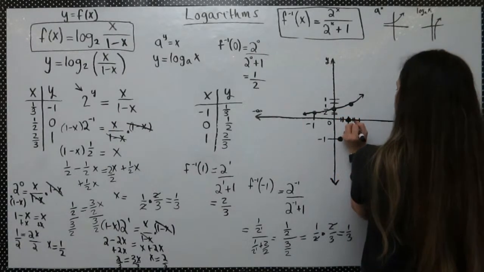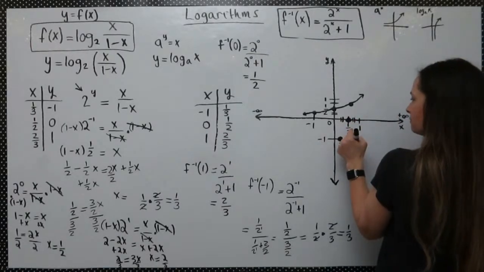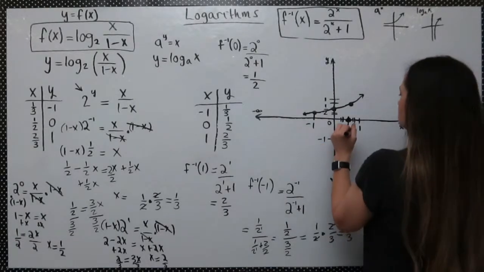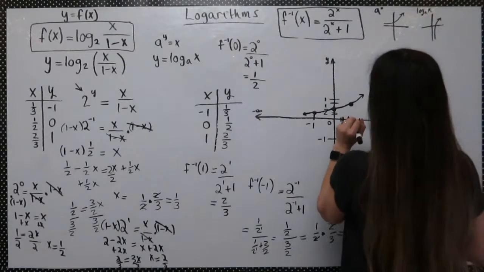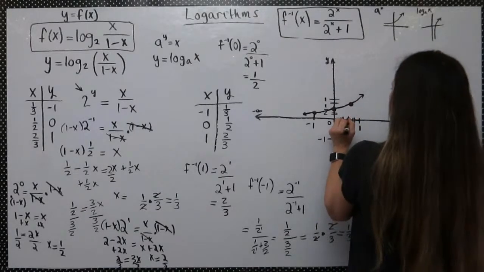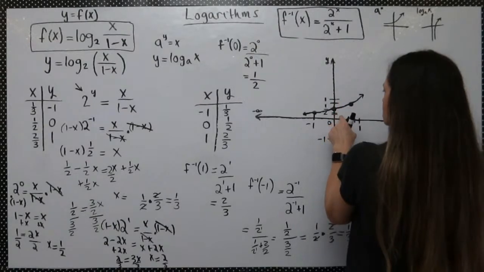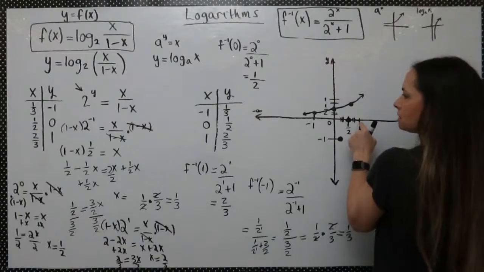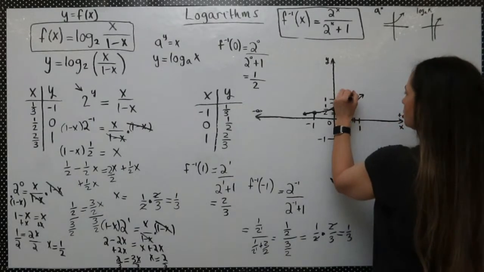Okay, so we've got 3/4, and just on the other side of 3/4, or the inside of 3/4, we have 2/3. So 2/3, comma 1 is on there. That's not 1/2 though. This one is 1, 2/3. So this one's going to be 2/3, 1.